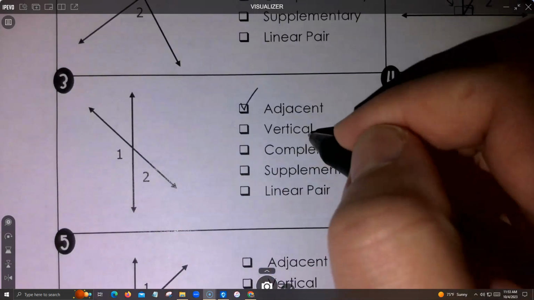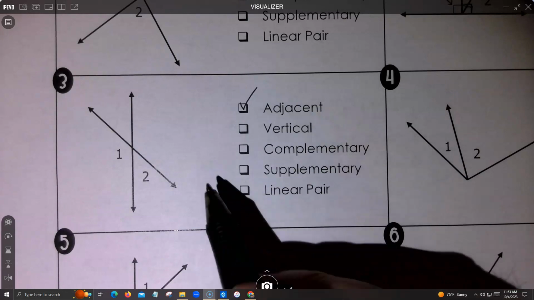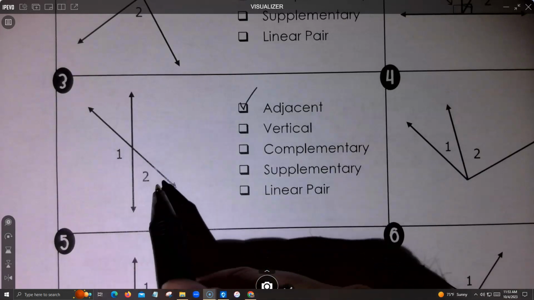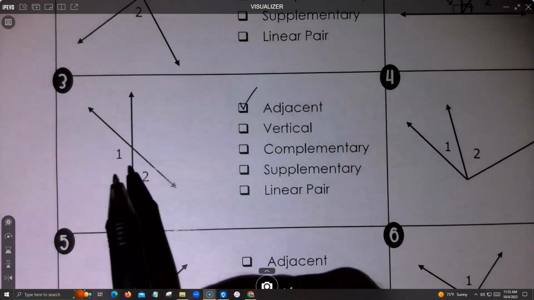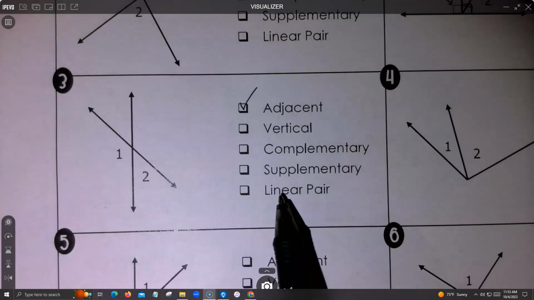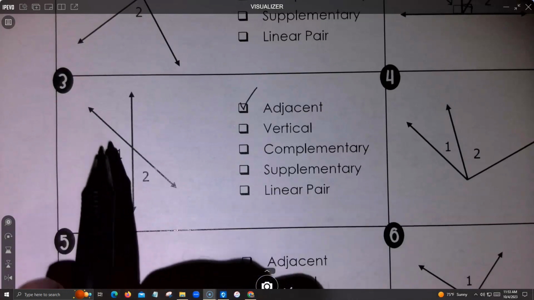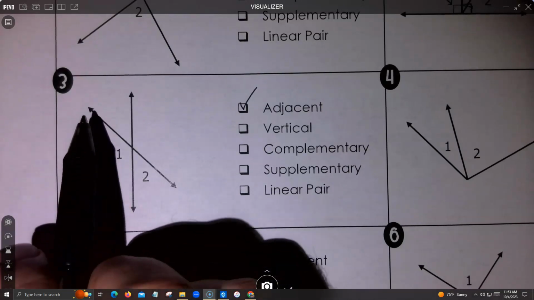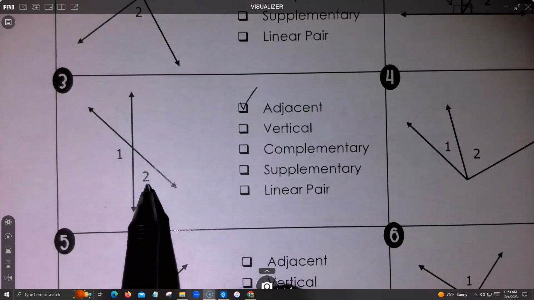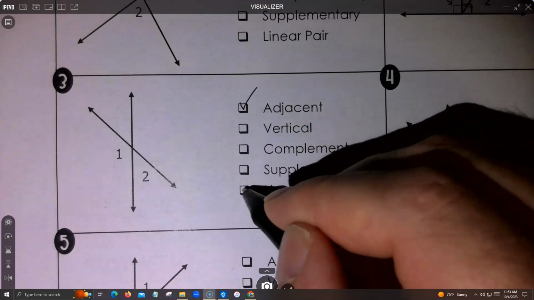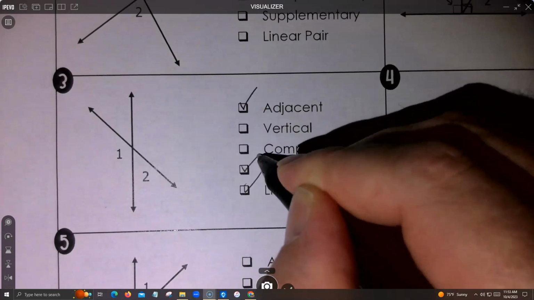No. Okay. Supplementary. Do these add up to be 180 degrees? Well, it's hard to know that, but I can go down here to read this, which says linear pair. If these two angles, angle 1 and angle 2, form a straight line, okay, then these angles must be supplementary. So they're a linear pair and they're supplementary.